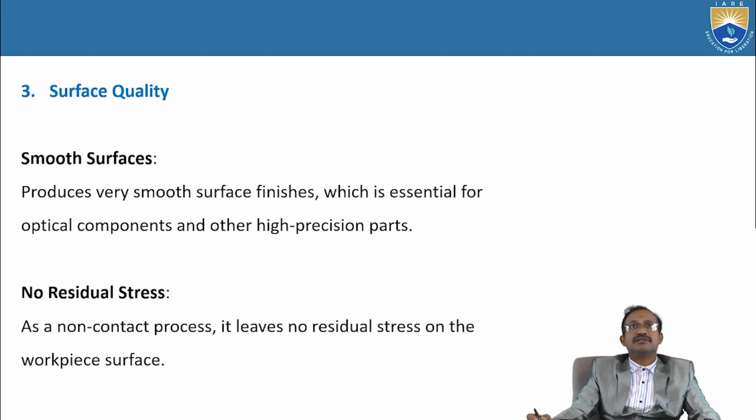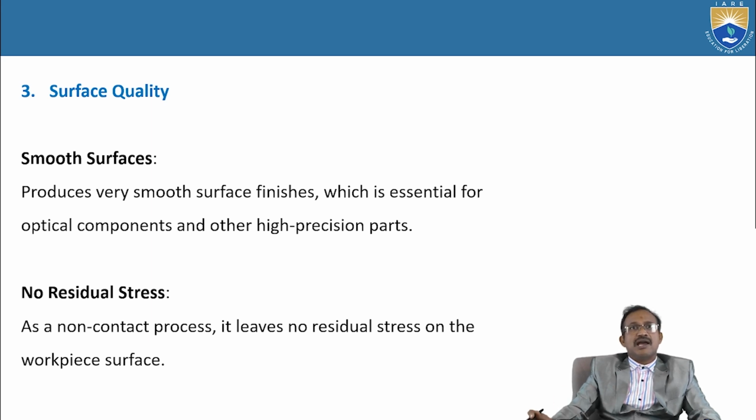Surface quality. Smooth surfaces. It produces very smooth surface finishes, which is essential for optical components and other high precision parts. Sometimes a high level of surface finish is required, particularly for optical components, so this ion beam machining will be the best suited one.